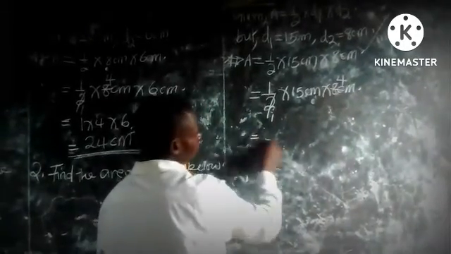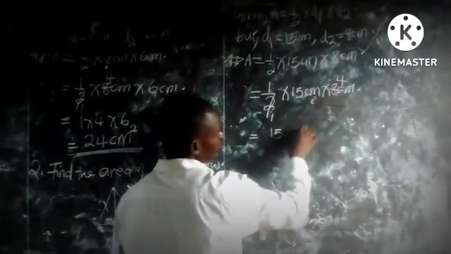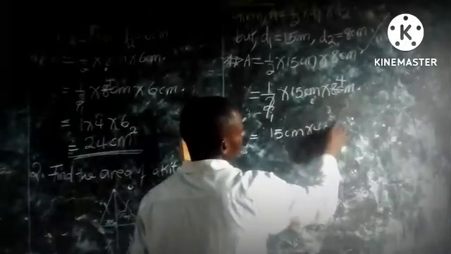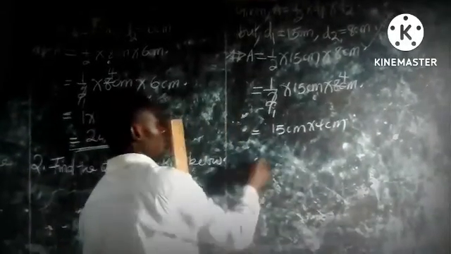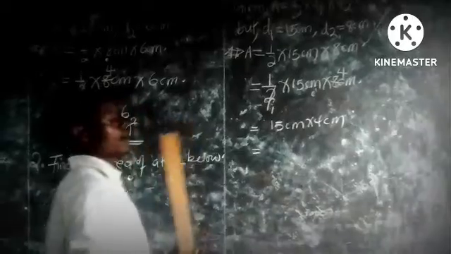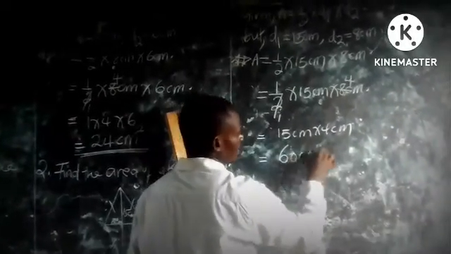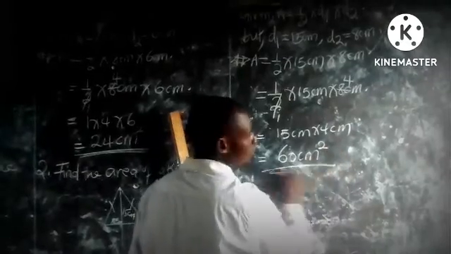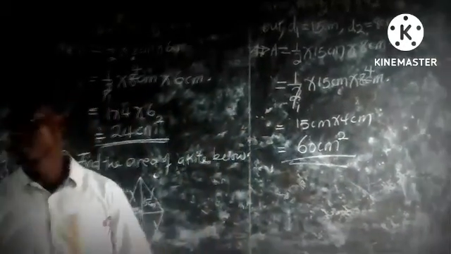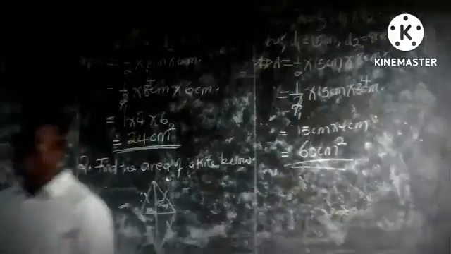And now we remain with 15 centimeters times 4 centimeters. Finally our answer becomes 60 centimeter square, because we know with area the unit is given in square.